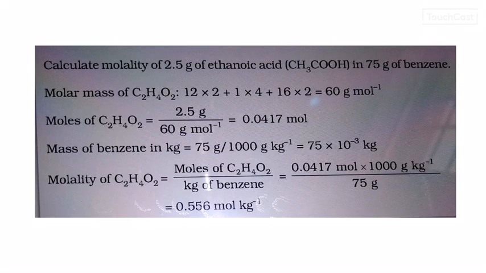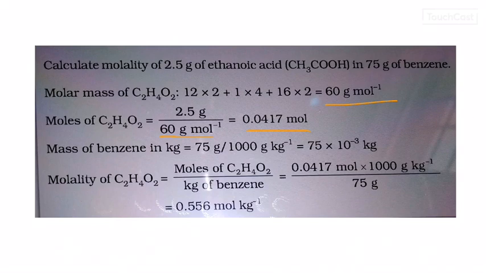Mass by molar mass gives you the number of moles. So the molar mass is 60 gram. You have calculated it here. 2.5 gram is the given mass divided by molar mass.